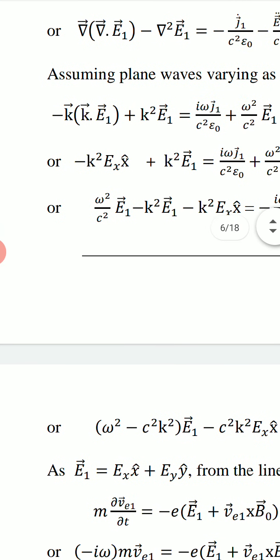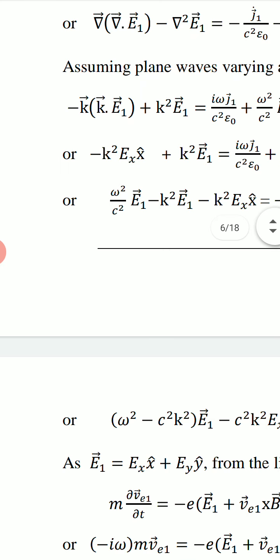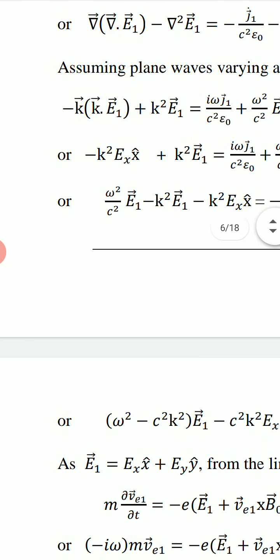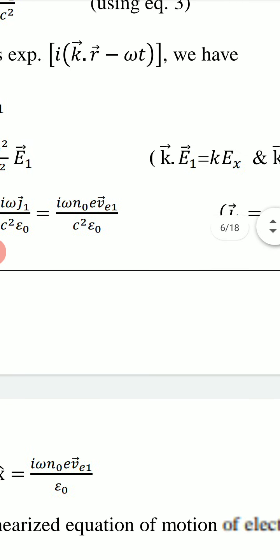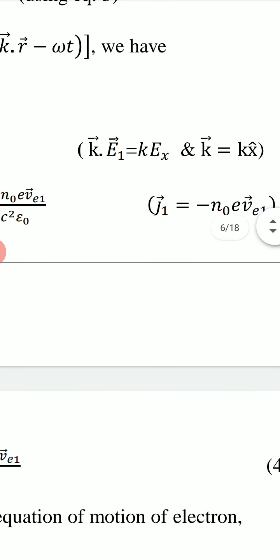Now we have k vector dot E1 vector in the first term of the left hand side, and this k vector dot E1 vector will be equal to k ex, because k vector is along the direction of x-axis, k vector is k x cap, and E1 vector is ex x cap plus ey j cap.